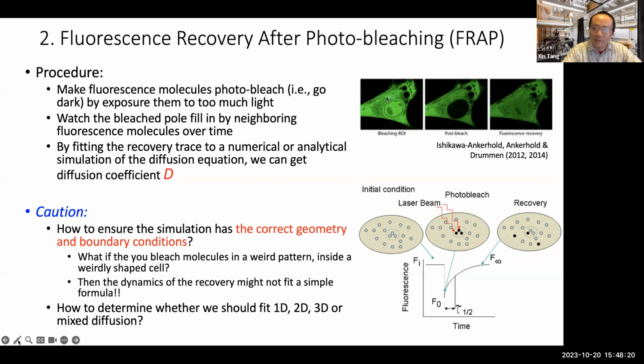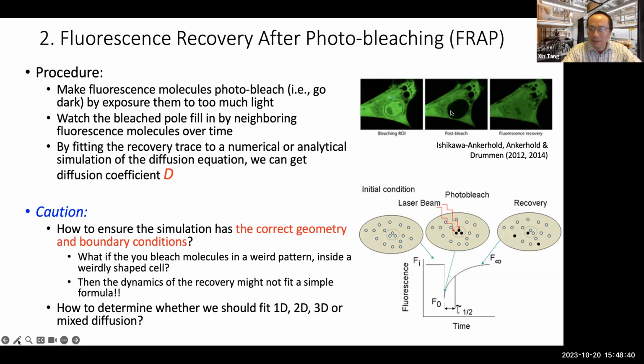Now, if we want to know the diffusion dynamics of those green proteins, one way is to use very strong light to bleach one part of the cell membrane. The very strong light will bleach and make those fluorescent proteins lose their capability to emit photons anymore.